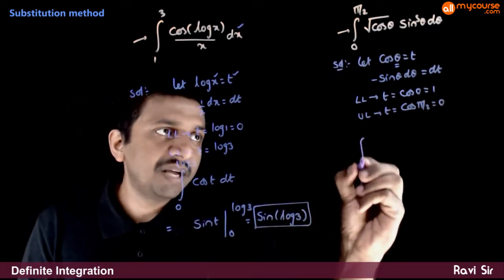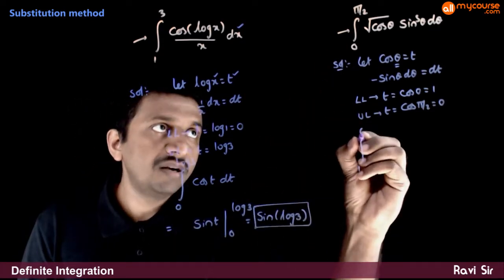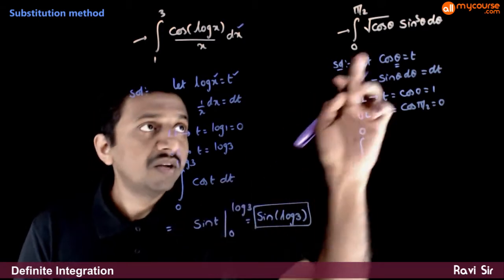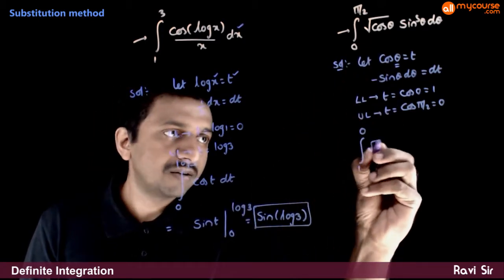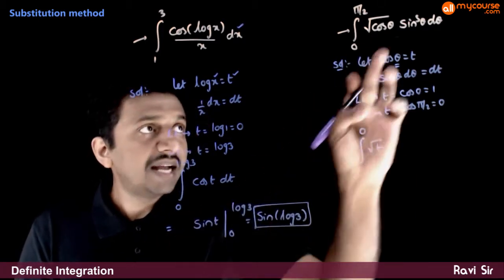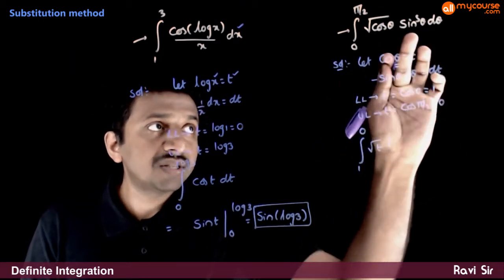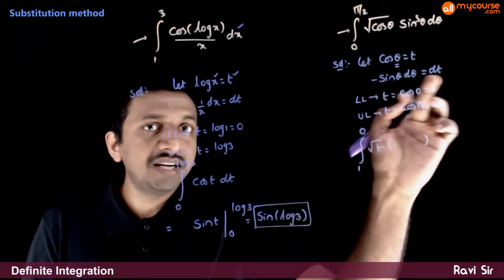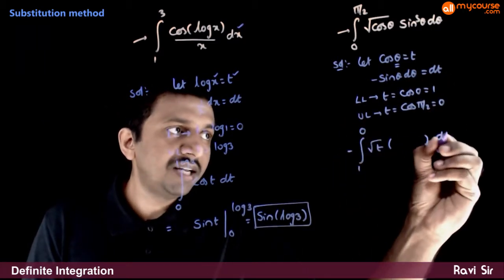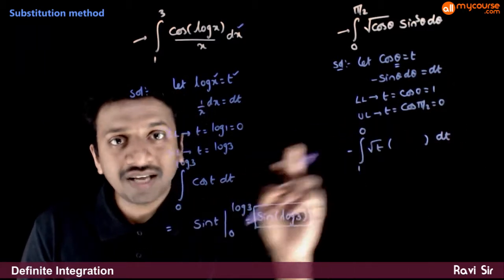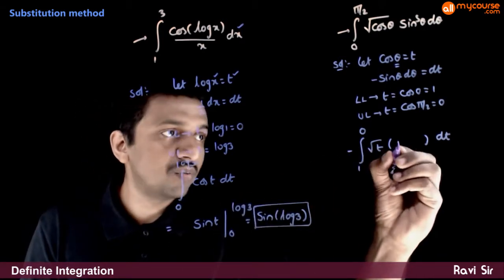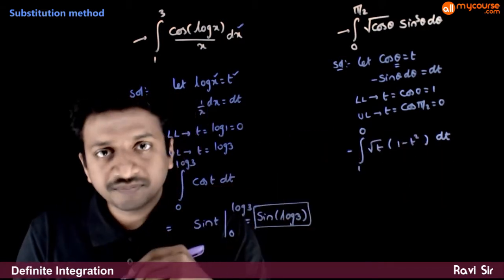So this integration becomes the integral from 1 to 0 of root of t, and sine cube theta is sine square theta into sine theta d theta. Sine theta d theta becomes minus dt, and sine square theta is 1 minus cos square theta, which is 1 minus t square.